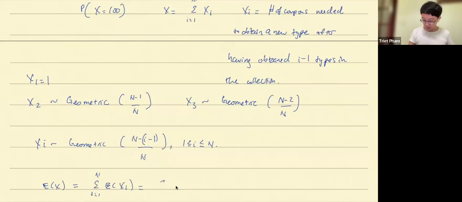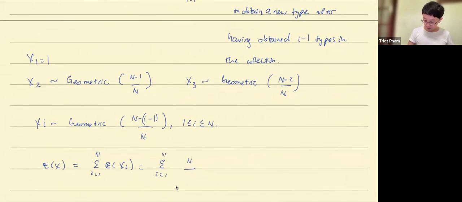So it's just really the sum of n over n minus i plus 1. If you write it down, when i equals 2, that's n over n minus 1, and then n over n minus 2, etc.